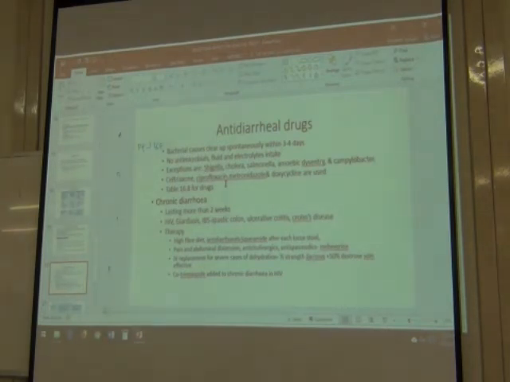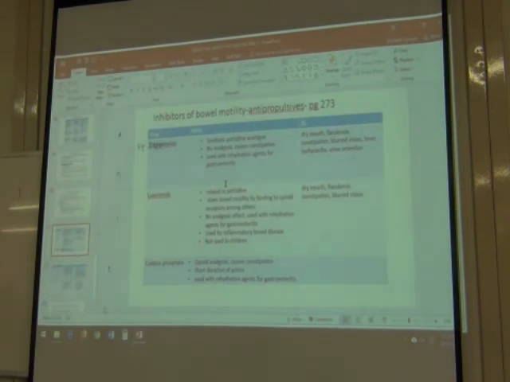You can give loperamide, increase dietary intake, and try to treat the symptoms that come with it. Antispasmodic for pain and abdominal distension. If dehydration is very severe, the patient can get IV fluid to replace it. And HIV patients that have chronic diarrhea are usually placed on cotrimoxazole treatment to help with the diarrhea.